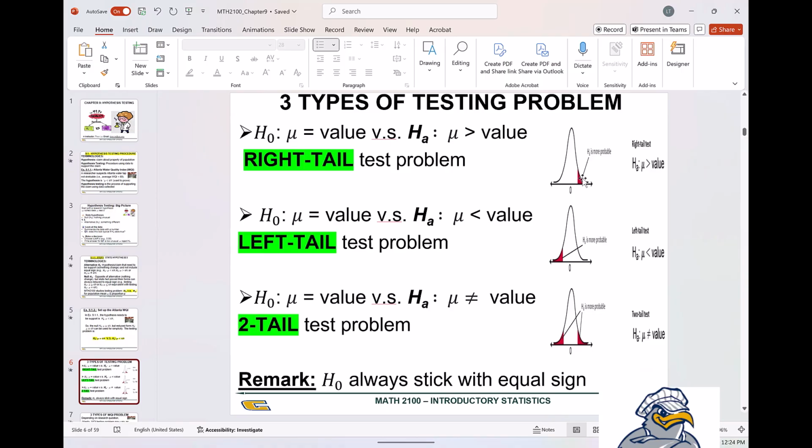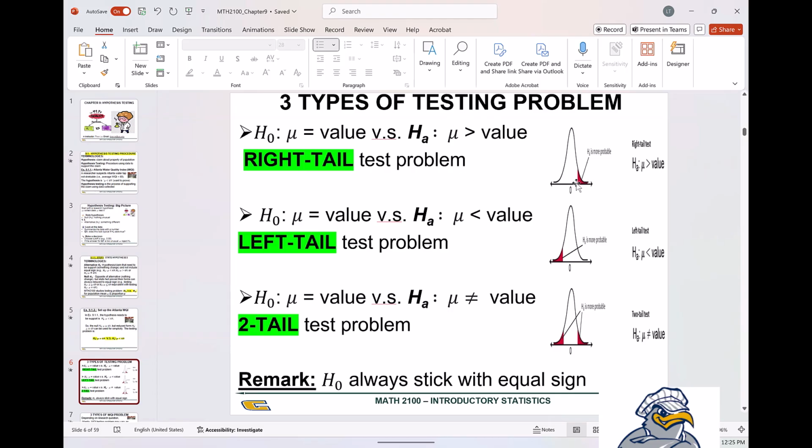So this is basically the support region for H_A, and the support region for H_A here belongs to the right side. Because of that, we say it's a right tail test problem. So whenever you calculate your test statistic and it belongs to the right side, we have a certain way to decide the cutoff, how big is big enough to support H_A.